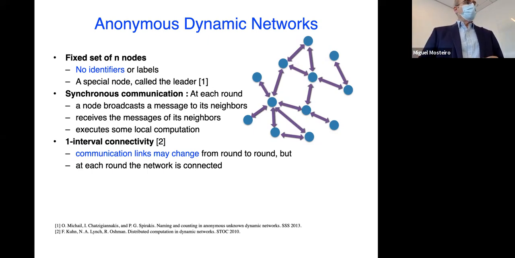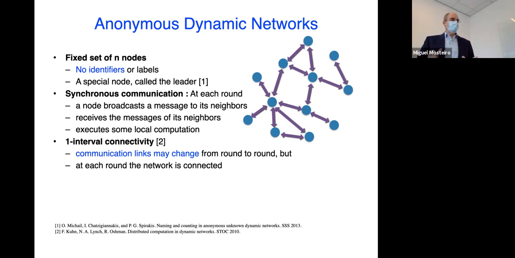We assume that synchronous communication is atomic. It's not changing structure within the round. If this is the snapshot in a given round, this node is able to pass a message to all these nodes, receive messages from all these nodes, and execute some local computation.